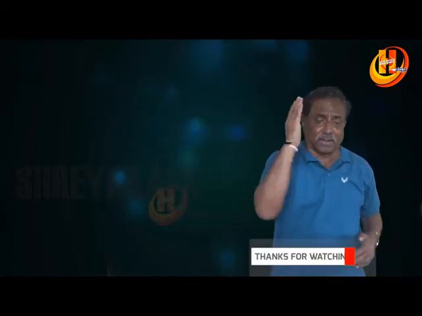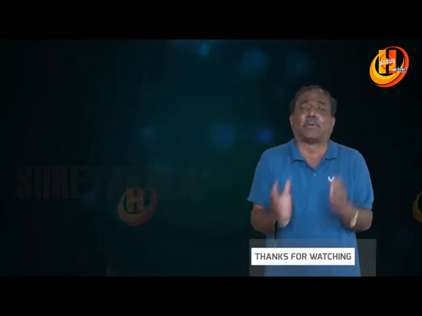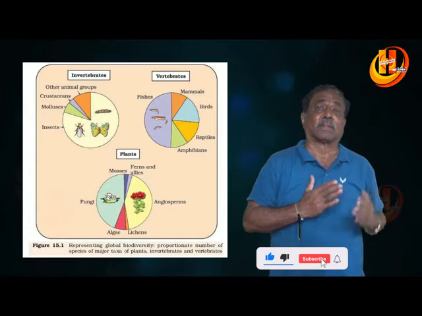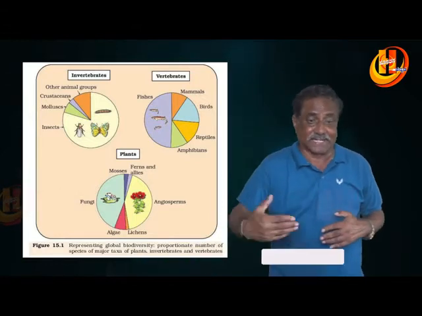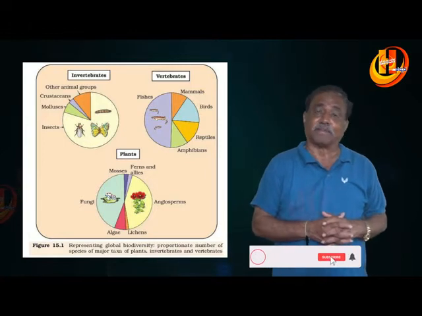But according to Robert May, there are about 7 million species of organisms. Of these different organisms, 70% are animals and only 22% are represented by plants. Of these 70% animals, for every 10 animals, 7 are insects. 7 are insects in animals.